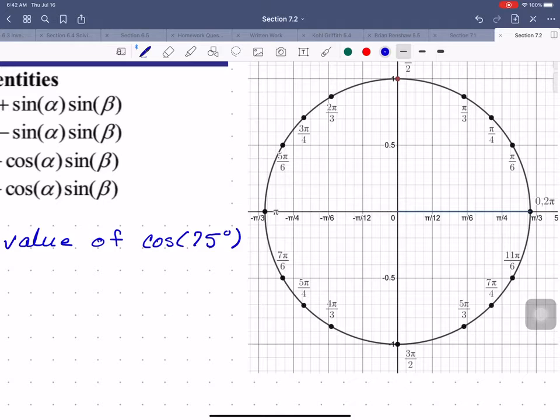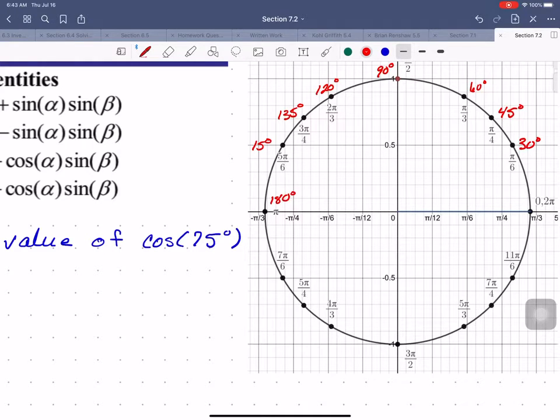So my special known unit circle values in degrees: 30 degrees, 45 degrees, 60 degrees, 90 degrees, 120 degrees, 135, and 150. And we could keep going on around.